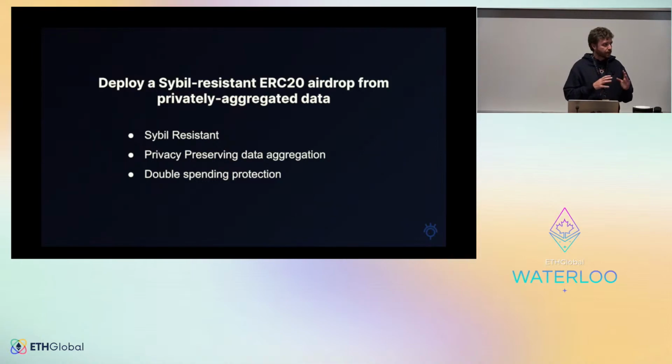So at its core, it will have Sybil-resistant, privacy-preserving data aggregation, from your very private wallet, your public ENS, GitHub account, Twitter account, and stuff like that, without linking these accounts. And at the end, you will have double spending protection also, to avoid being able to mint this token a lot of different times.